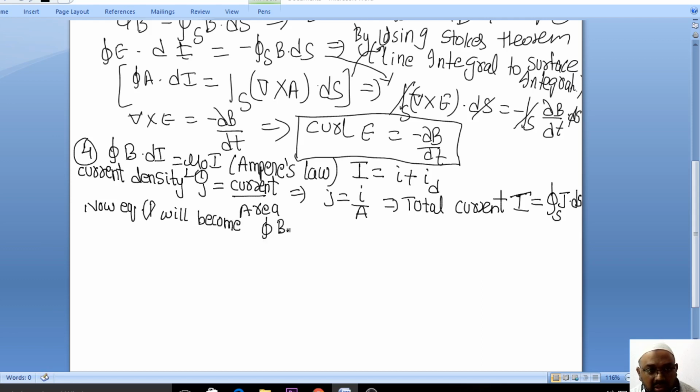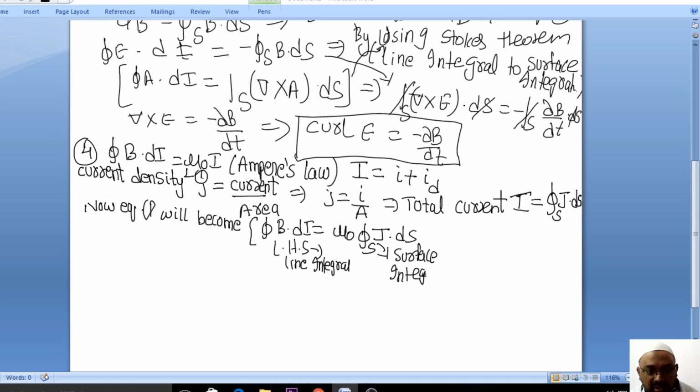Integration of B·dl is equal to μ0 times the surface integration of J·dS. On the left-hand side it is a line integral, and on the right-hand side it is a surface integral.